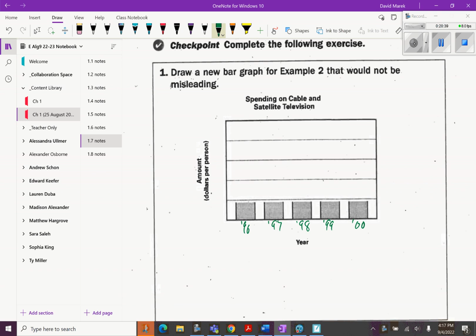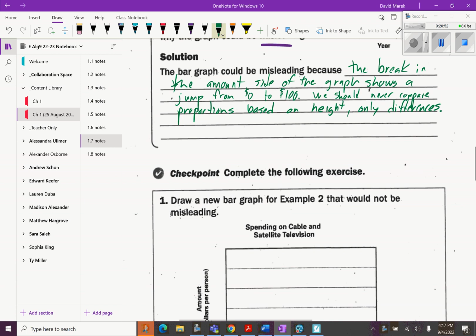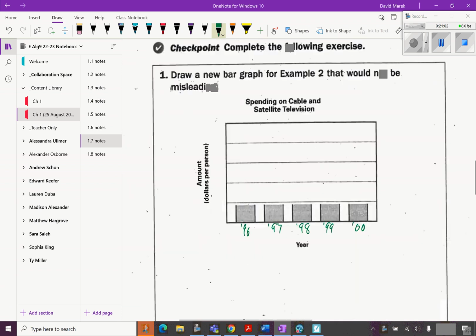Going up the vertical side there, again, it's got the title, dollars per person, the amount spent. But again, we need to put specific numbers in here showing what our scale is. Now, if we go back and take a look at this one, they zoomed in on here and it went from 100 to 200 and we had that break.